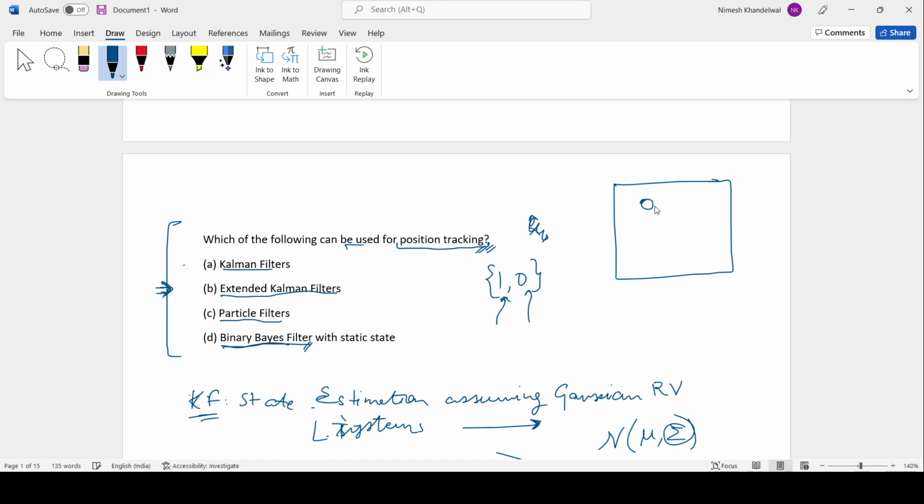My robot can be in any position in this entire workspace, right? Yes, sir. But my binary based filter can at best tell me that my robot exists or not. It cannot track the position, because it can only give you two states. Yes, sir. So that is why your binary based filter cannot give you position tracking. And all these three can easily give you position tracking. Yes, sir.